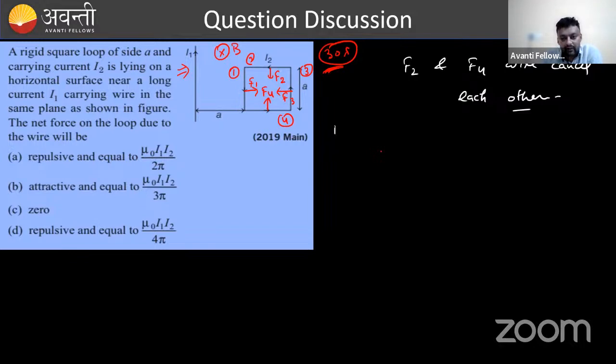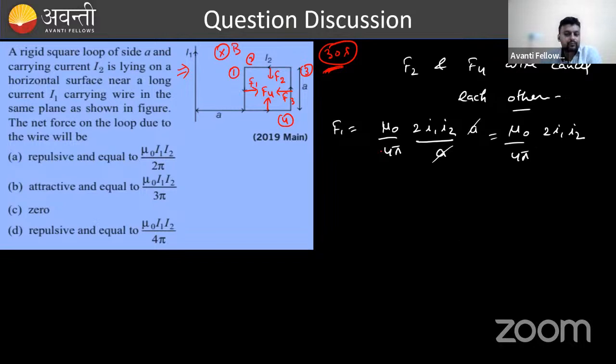So let's calculate F1. F1 is what? Mu naught over 4 pi, 2 I1 I2 divided by the separation. The separation is a, and the length of the wire is also a. So you can cancel this as well. So this force will be mu naught over 4 pi times 2 I1 I2.